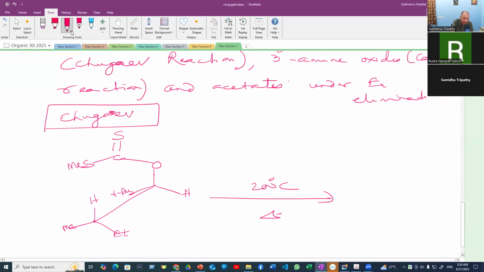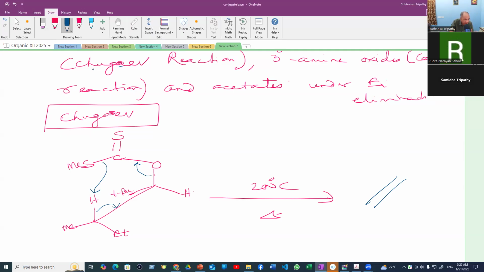Then this bond will break. I'm showing it in a different color. This bond will come here, this bond will come here, and this bond will come here. So MeSH will be formed, a neutral carbonyl sulfide will be formed, and a double bond will be formed. And both the leaving groups are on the same side.